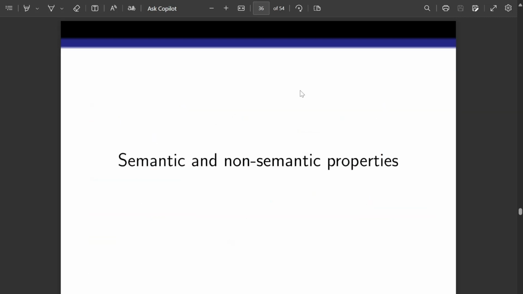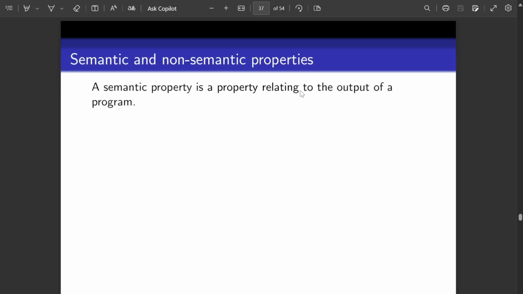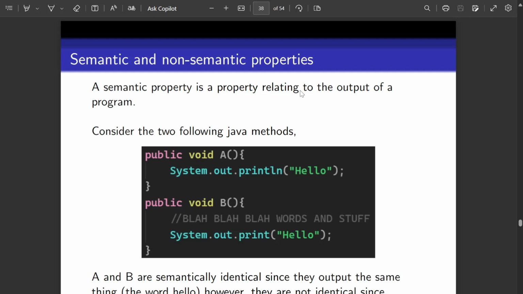Now we'll move on to semantic and non-semantic properties. A semantic property is a property relating to the output of a program. We don't really care about the body of the code. We just care about what it outputs. So consider the two following Java methods, A and B. A and B are semantically identical.